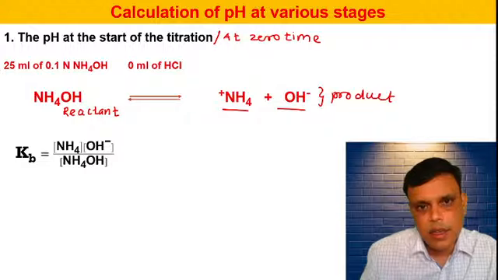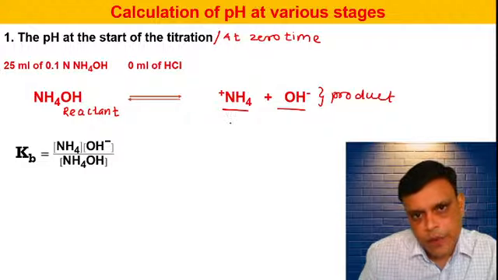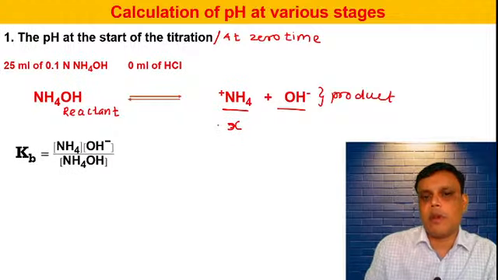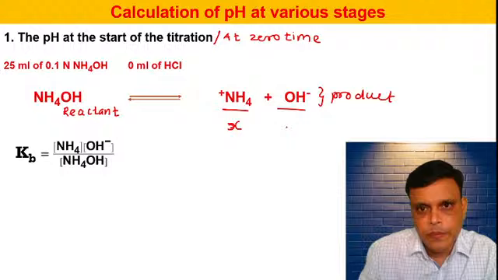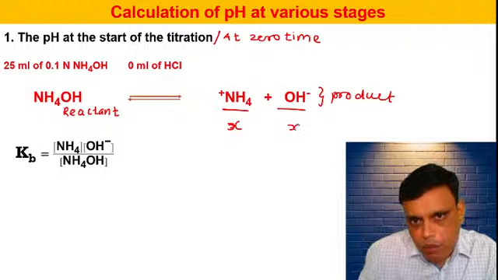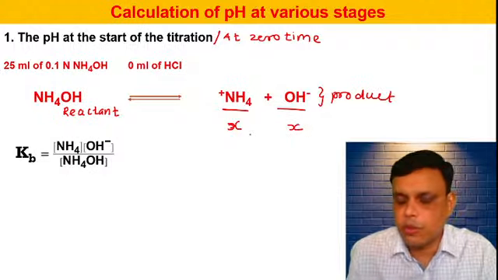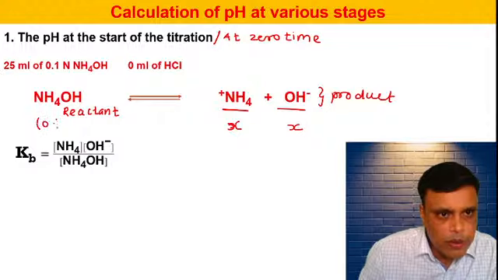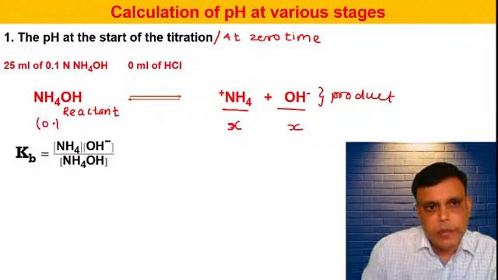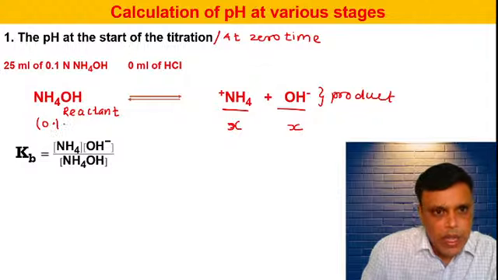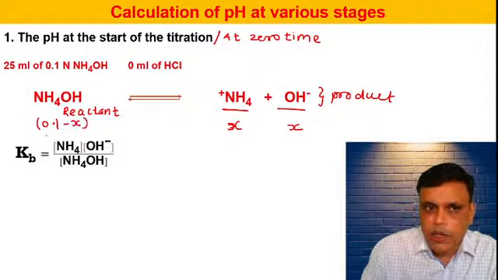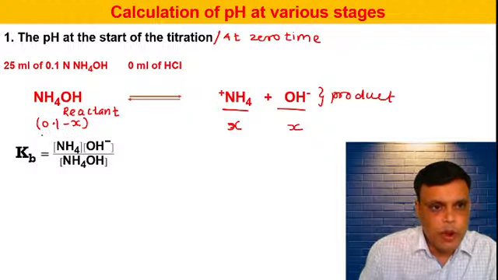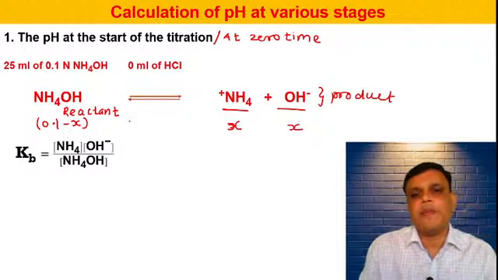Now let us consider that at the starting point, x millimole of ammonium cation will get formed. So, same mole, that is x mole of OH minus ions, will also get formed. For example, your starting point is 0.1, and from that, x amount will get dissociated. So how much will remain? 0.1 minus x will remain at that point.